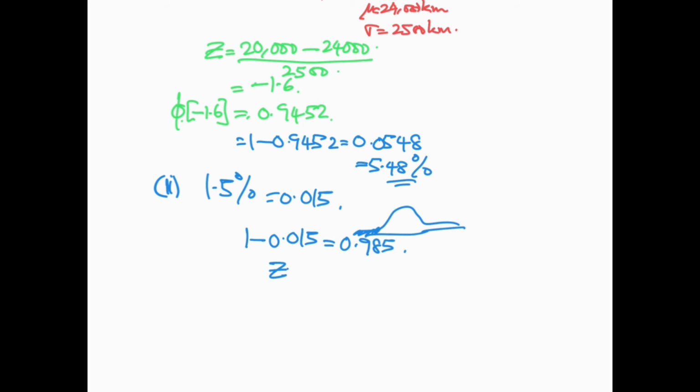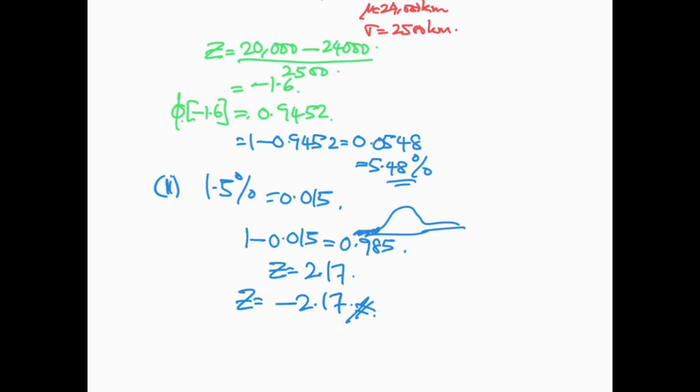So your z score that I'm getting here is 2.17, and since it's on the left side, it should be negative 2.17. So z is negative 2.17. That's your z score.